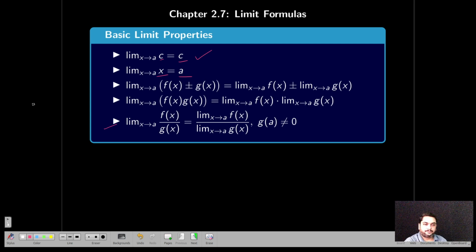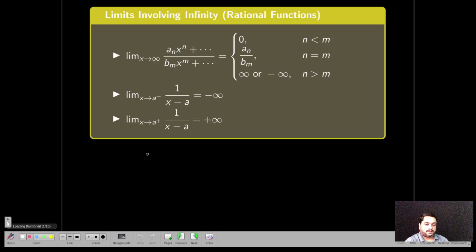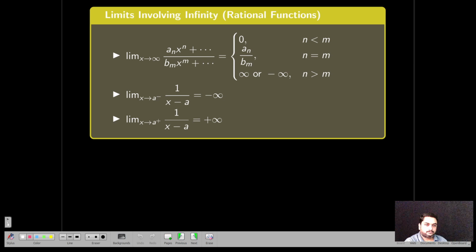So next, there are some more properties. This concept we have already understood. So what it says: a_n x^n divided by b_m x^m.